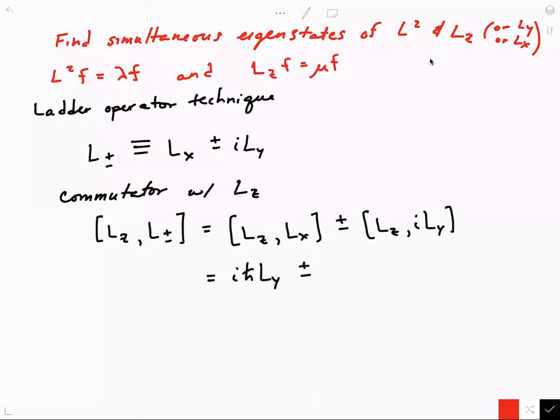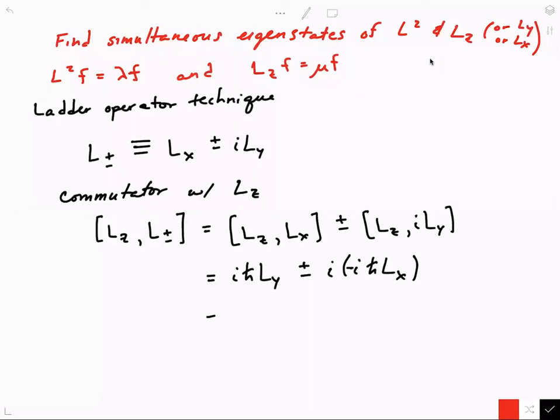And then plus or minus, we're going to pull that I out, and we introduce another negative I h bar Lx. That negative I comes because we apply z and then y instead of y and then z, so that switches the sign.